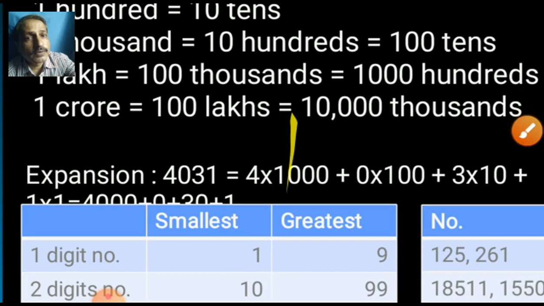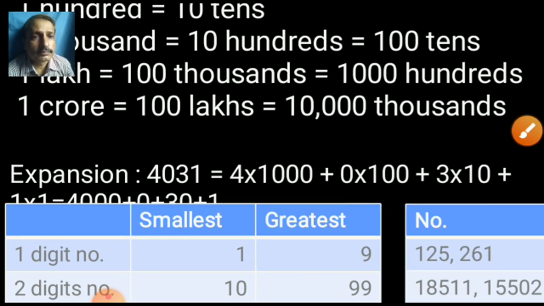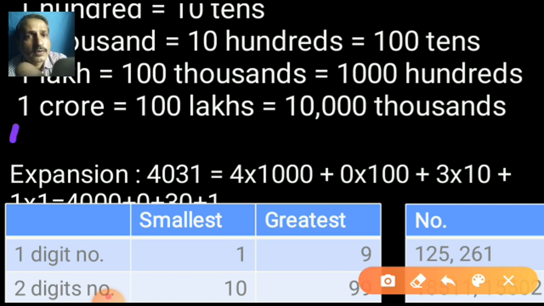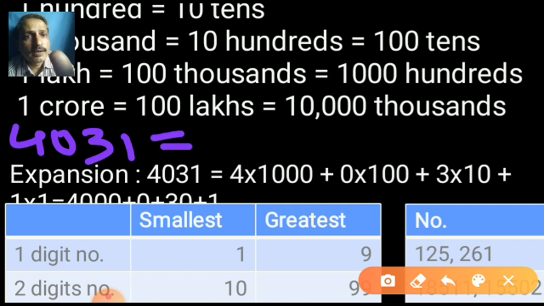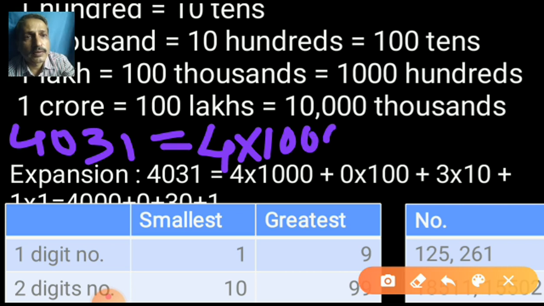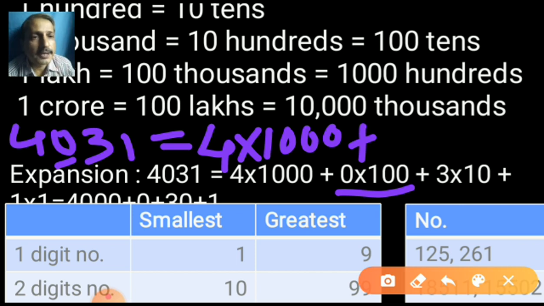Now, place value in expanded form. Student, expanded form is nothing but, suppose there is a number 4031. How does this number form up? Very simple. 4 into 1000, because 4 is in the 1000 place, plus 0 into 100, 100 place, what is the place value? Yes, 100.